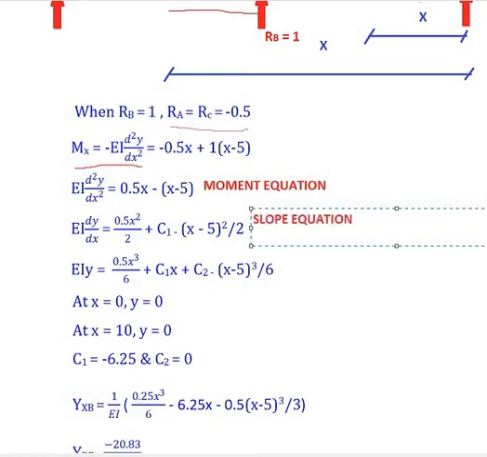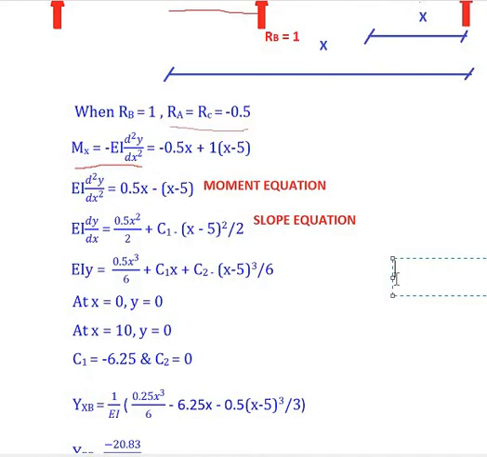Now we have to integrate this slope equation to get the deflection equation. Our aim is to divide the deflection at x distance, which means yxb, by ybb. So the deflection equation is very important. By integrating the slope equation, dy divided by dx, we will get y.